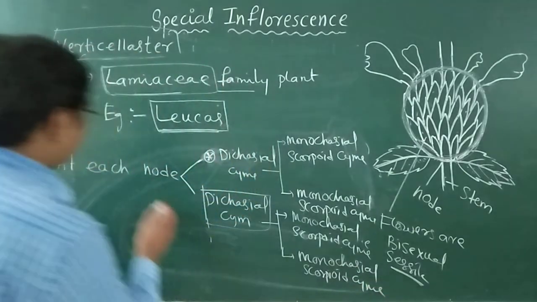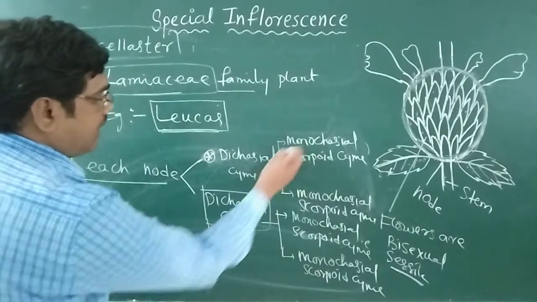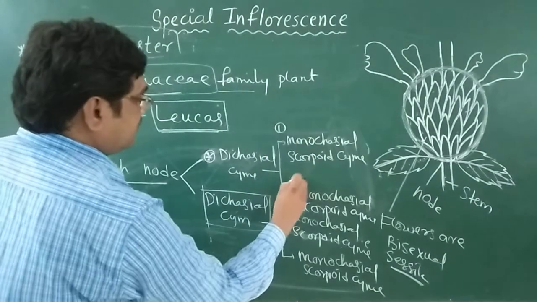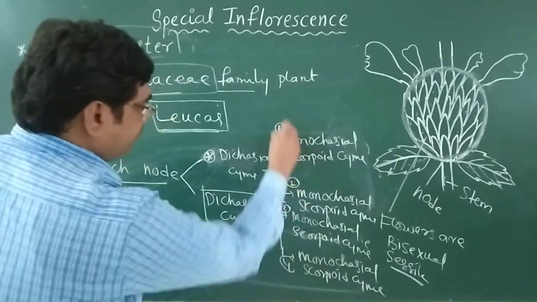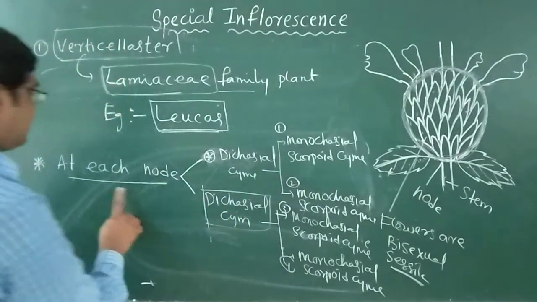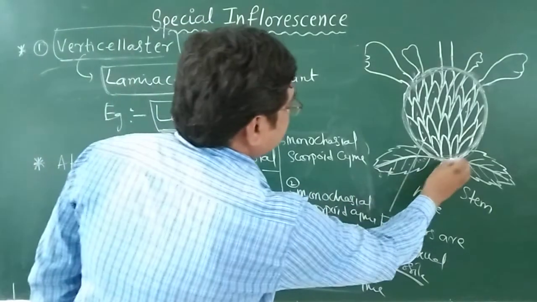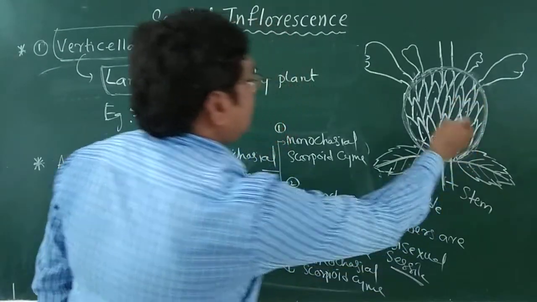At each node, four monocasial cymes: this is 1, this is 2, this is 3, this is 4. Four monocasial scaphoid cymes are present at each node, in the opposite phyllotaxy, at the opposite axillary position of the leaf.